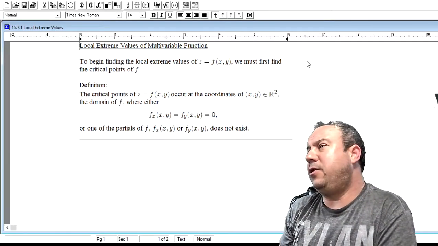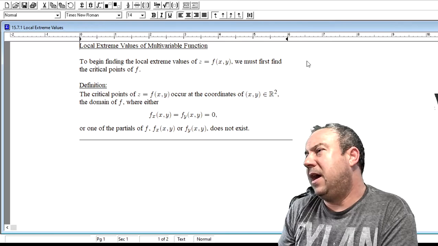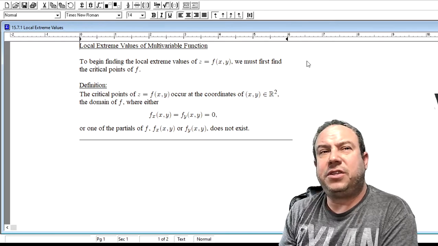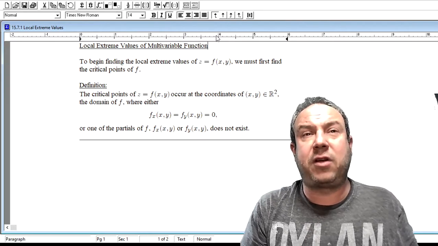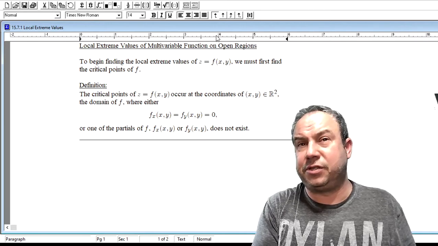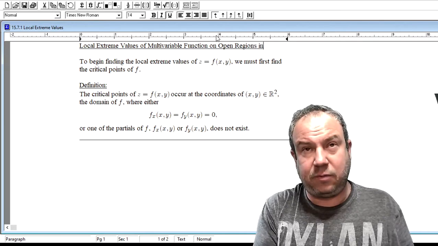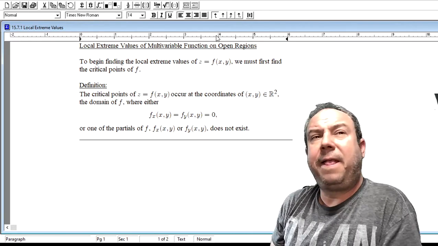You can see where I do begin is I do begin by looking at the local extreme values of multivariable functions, and maybe I should be more specific there. The local extreme values of multivariable functions on open regions, we'll just say on open regions. All right.